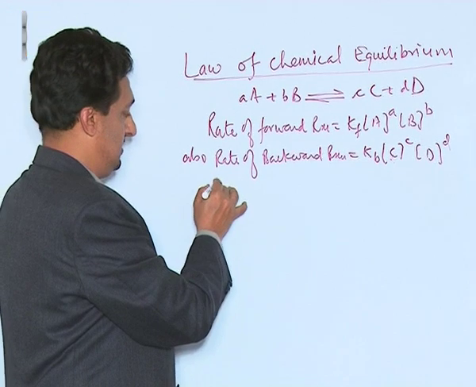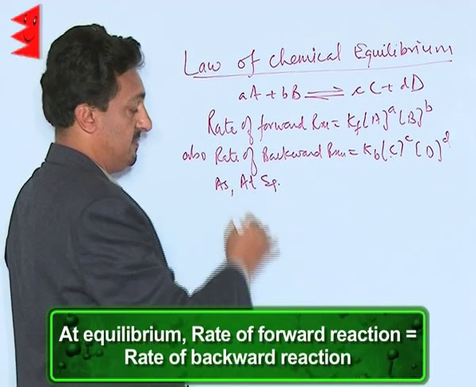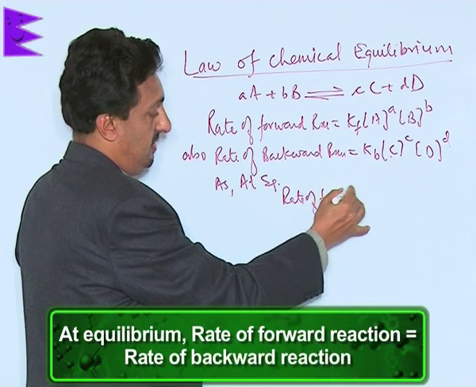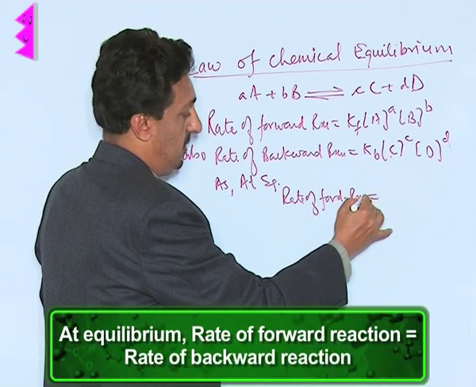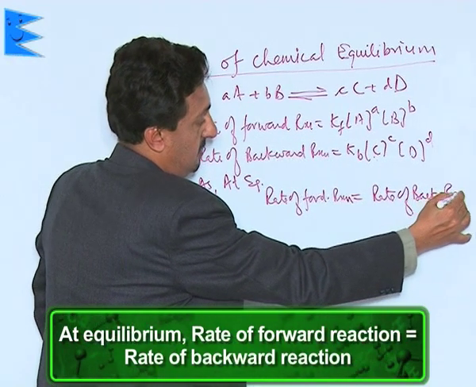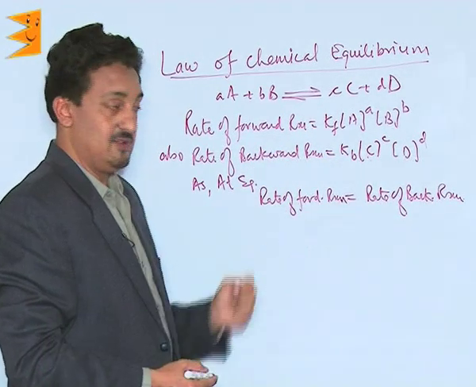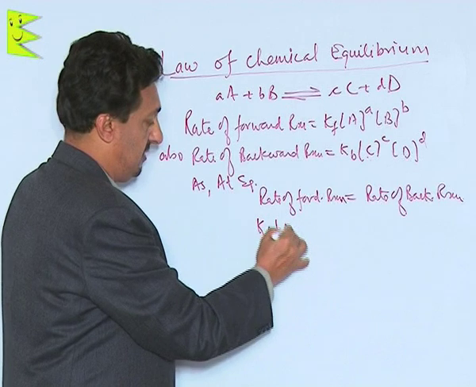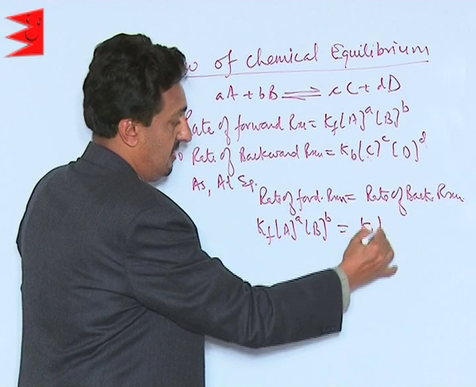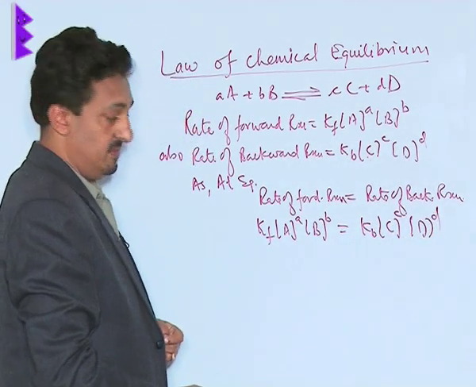So we know that at equilibrium, rate of forward reaction is equal to rate of backward reaction. We can write these two expressions in place of these two: Kf [A]^a [B]^b = Kb [C]^c [D]^d.